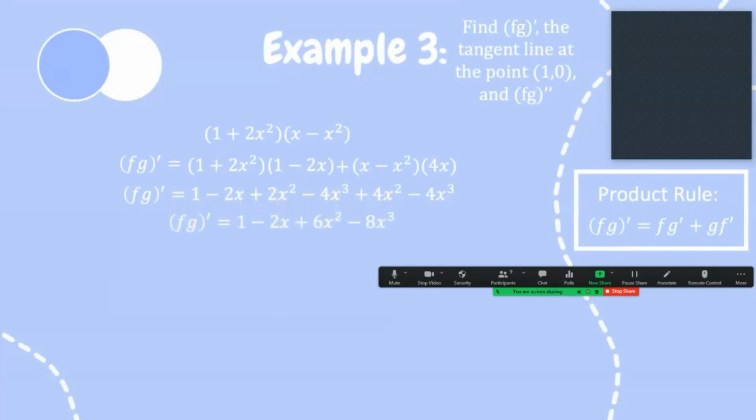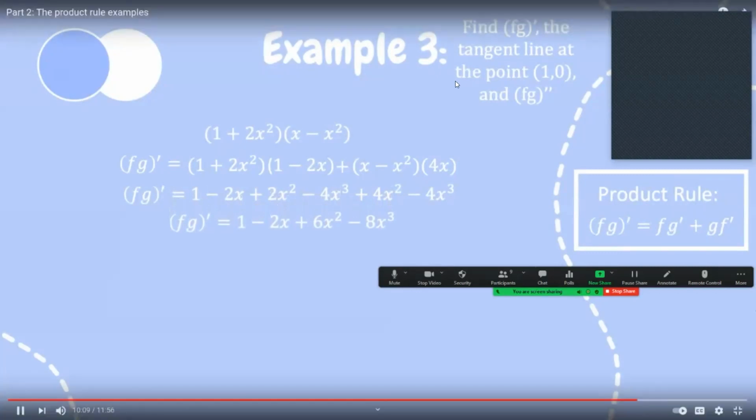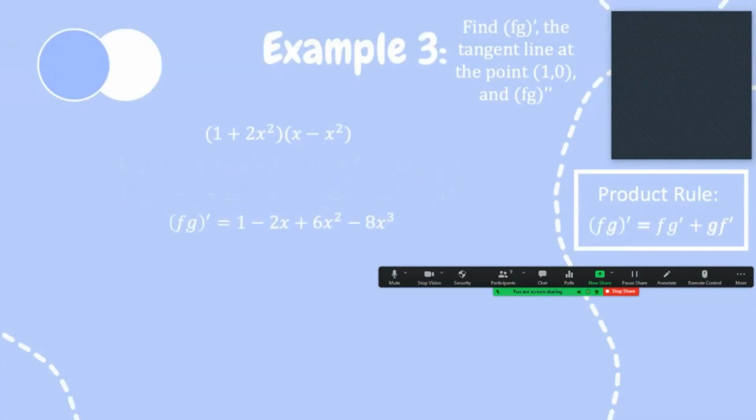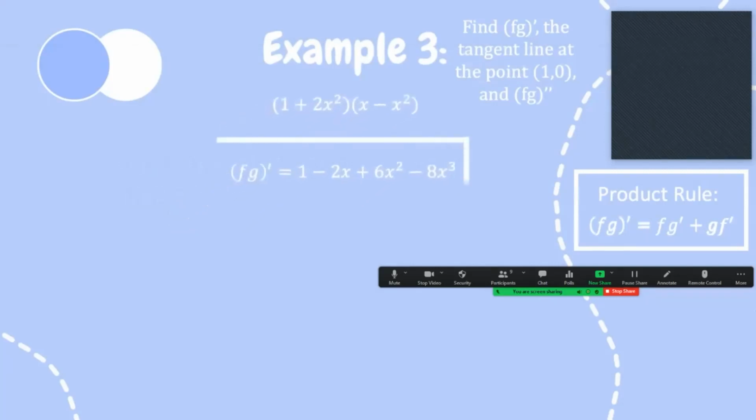So that becomes 1 minus 2x plus 6x squared minus 8x to the third. And that is our answer. So the derivative of 1 plus 2x squared times x minus x squared is that.